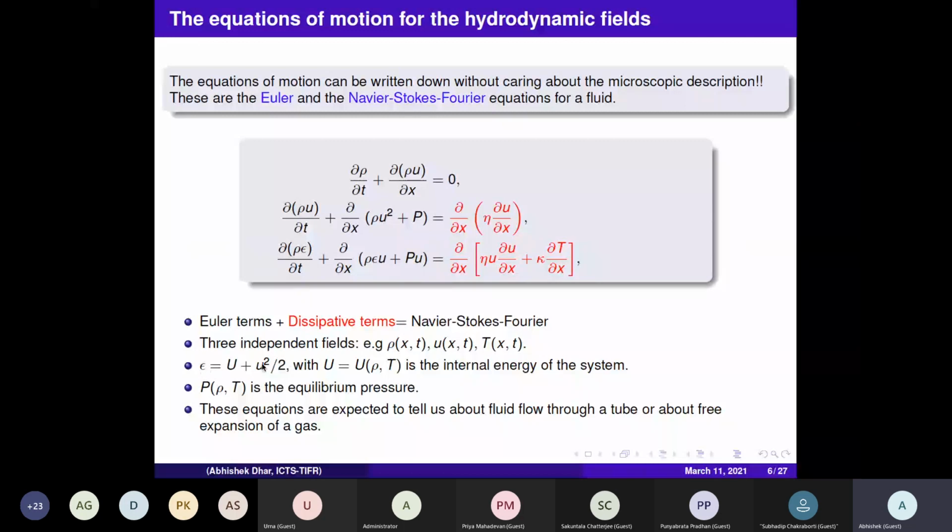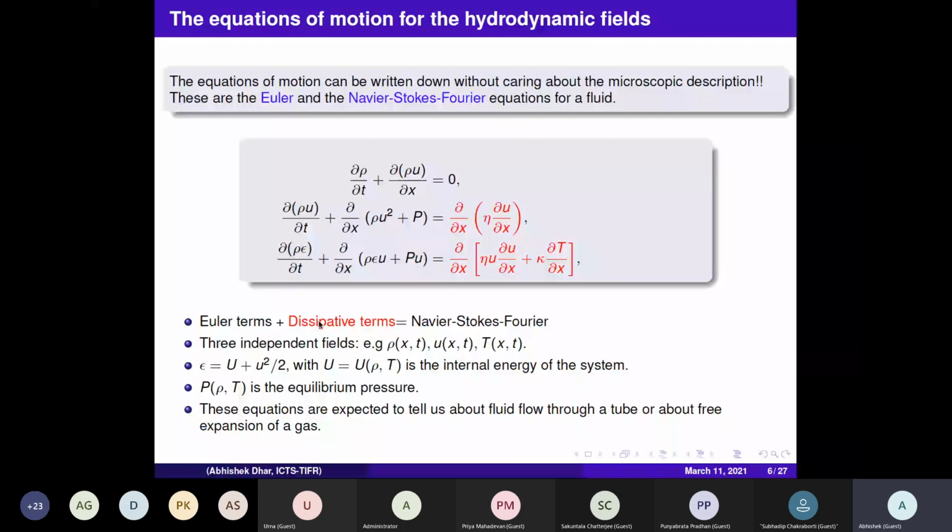The internal energy, since you assume local equilibrium, will depend on the density and temperature. This is from equilibrium physics. You know this, and similarly there's a pressure term, and this pressure again is just from the equation of state. You know it as a function of rho and T. So finally there are three independent fields rho, u, T in this equation.